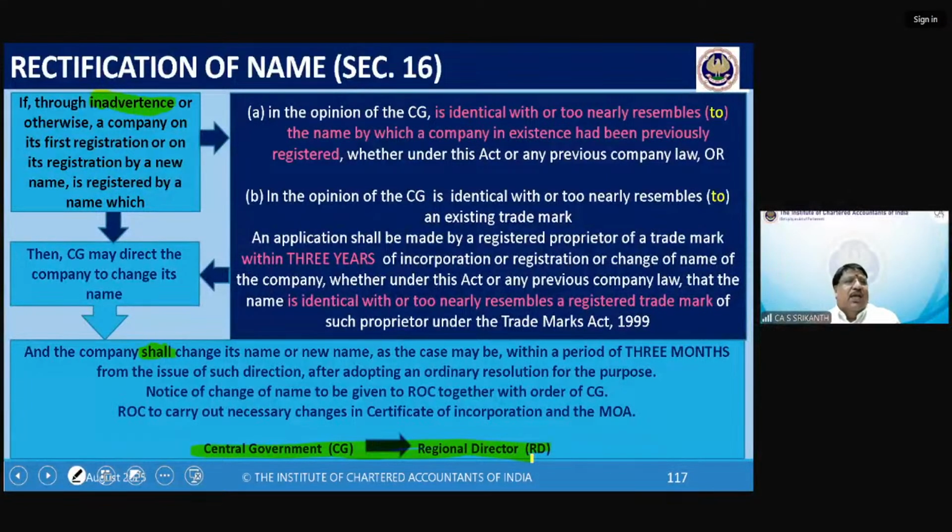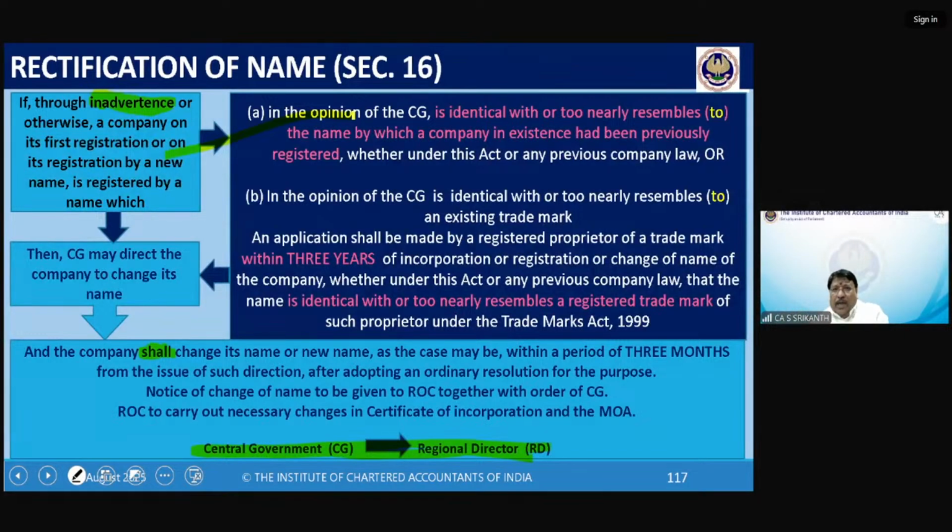So if through inadvertence or otherwise, a company on its first registration, or on its registration by a new name, either case, is registered by a name which in the opinion of the central government is identical with or too nearly resembles the name by which a company exists. See, the 'too' is there in the section.